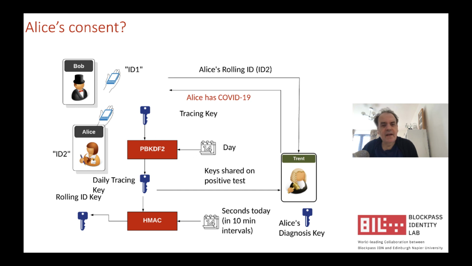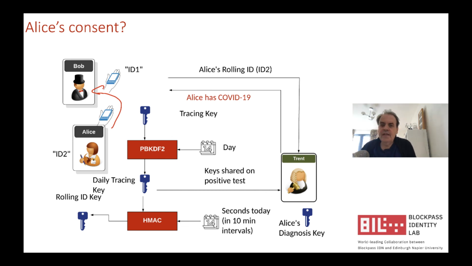And where is Alice's consent in all of this? So Alice might be embarrassed by a message going to Bob. So it's important that we understand how we articulate to Alice how the whole infrastructure is going to work, so that when Alice comes in contact with Bob, she knows that the health authority will send a message to Bob to say that she has been in contact with him.